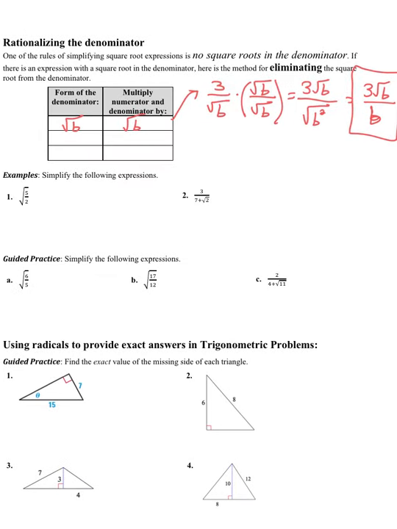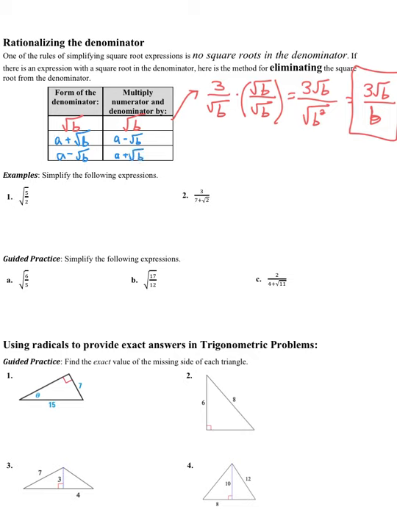The other example we could deal with is we might have something like a plus the square root of b in the denominator, or a minus the square root of b in the denominator. And the way you get rid of an a plus the square root of b or an a minus the square root of b is you multiply by the opposite sign.